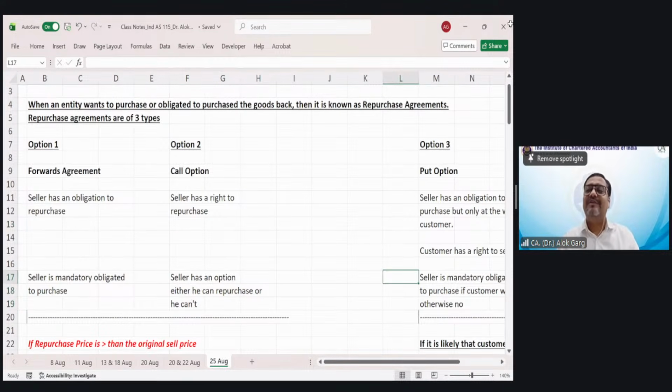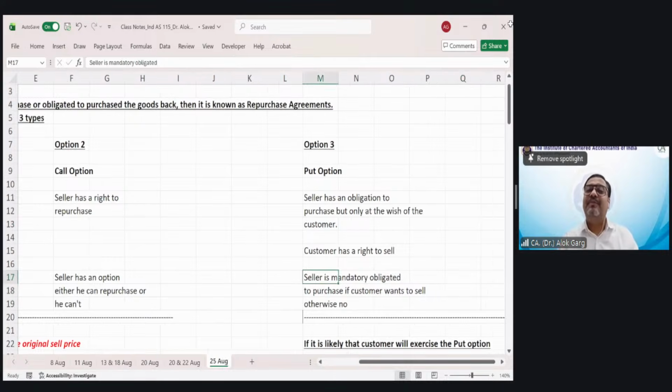Option number 3. What is option number 3? Put option. Put option means the customer will put the option. The seller has an obligation to purchase only at the wish of the customer. If the customer wants the seller to purchase, then the seller will purchase; otherwise, no. The customer has a right to sell.